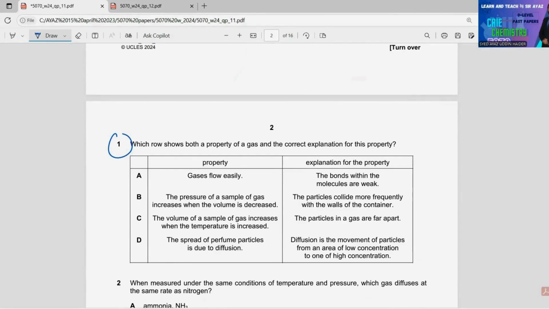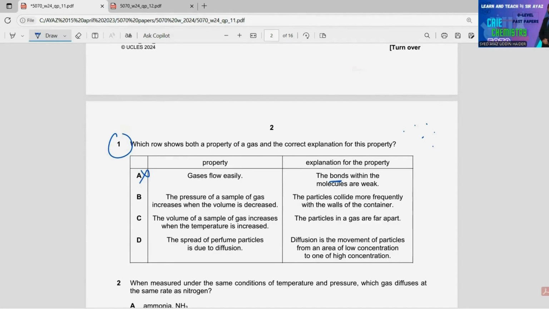Now, gases flow easily due to the arrangement of the particles in gases, which is that they are very far away from each other. That's why they can flow easily. So it has nothing to do with the bonds within the molecule. So A is incorrect. What about B?